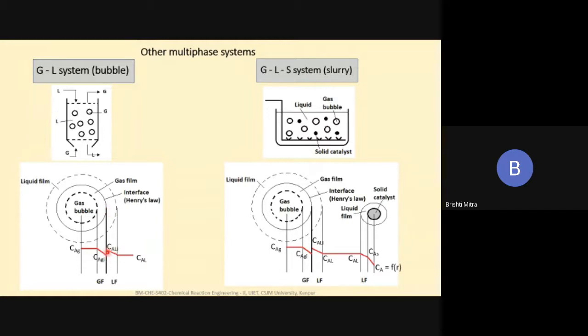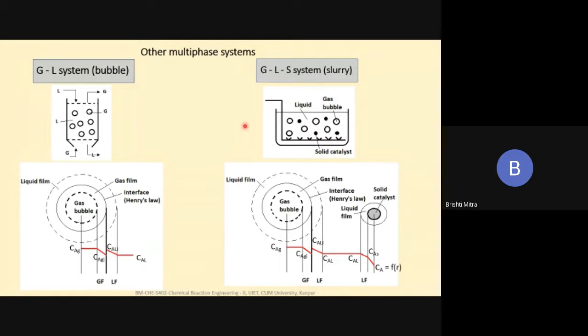At the surface, the concentration in the liquid at the interface is known as CALI. As it travels through the liquid film, there's a drop in concentration, and then there's a constant concentration in the liquid that is equal to CAL. So here there are two drops that we observe: one in the gas film and the other in the liquid film.